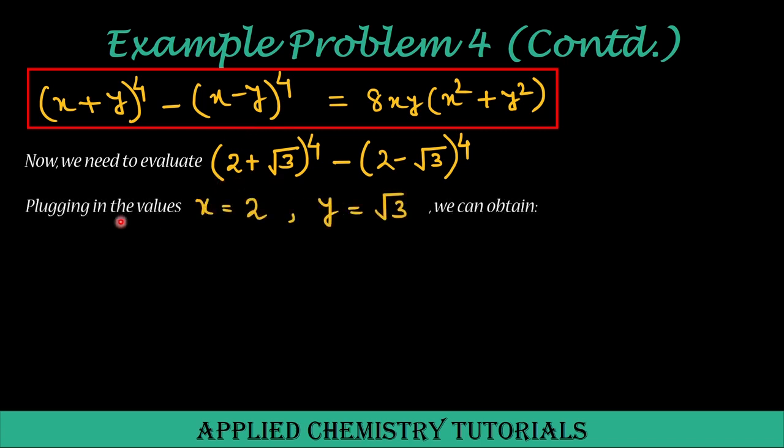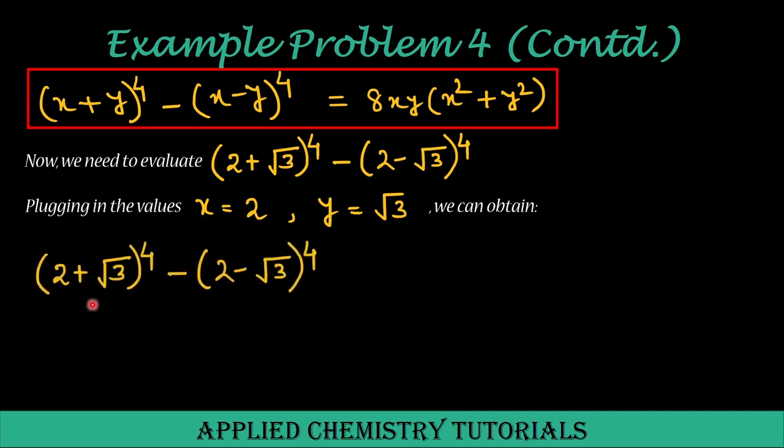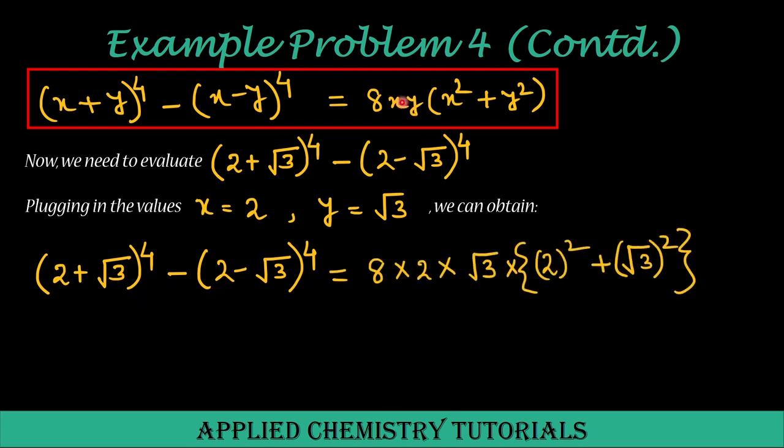So plugging in the values, x equals 2 and y equals root 3, we can obtain (2 + root 3)^4 - (2 - root 3)^4 equals 8 multiplied by 2 multiplied by root 3 multiplied by ((2)^2 + (root 3)^2).